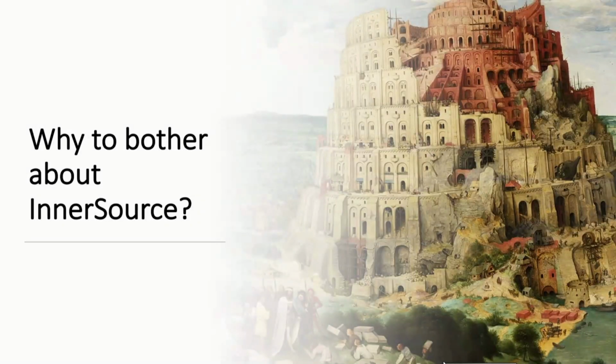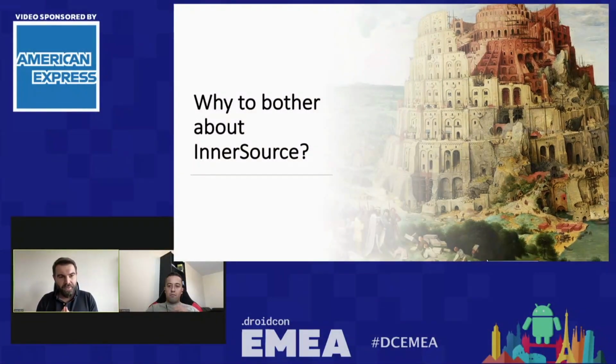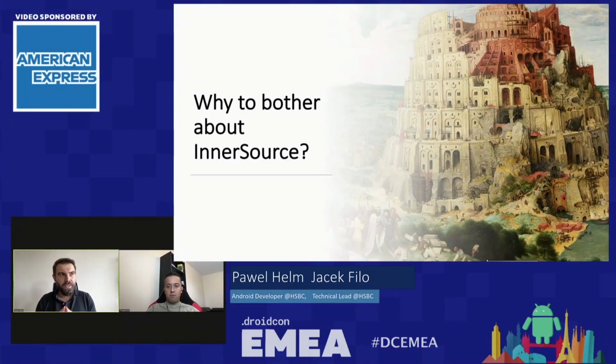So the question you may ask yourself is why we should even bother about inner source. To answer this question, we must go thousands of years back and remind ourselves of the story about the Tower of Babel. As you may know, this story tells about the Babylonians who wanted to build a tower that would reach heaven.